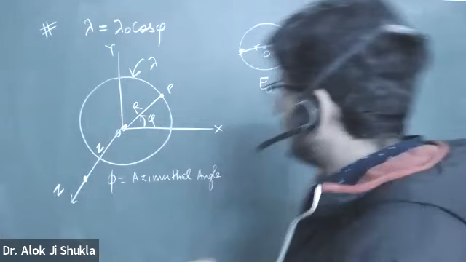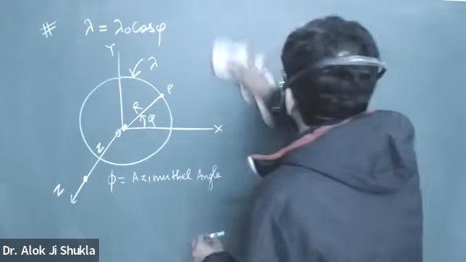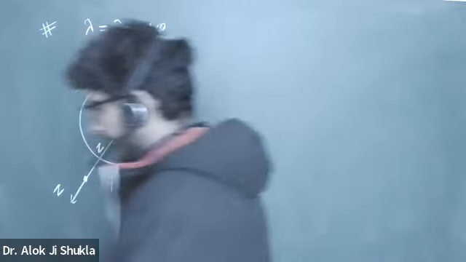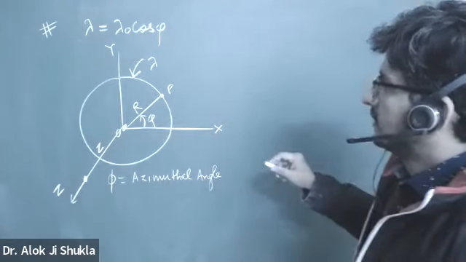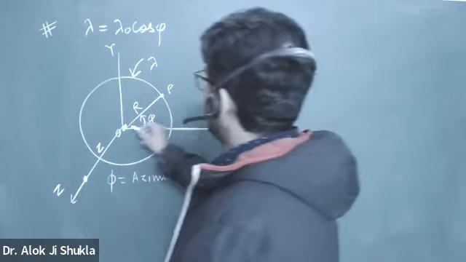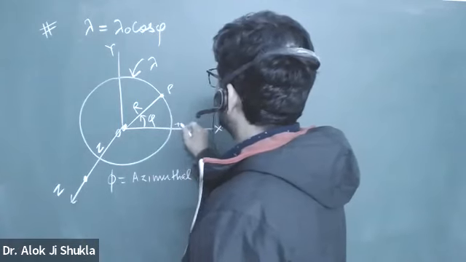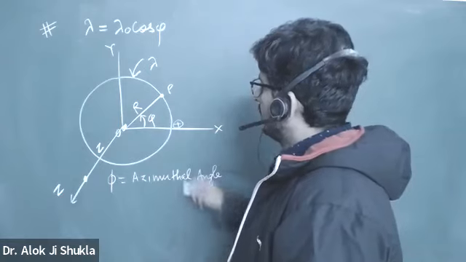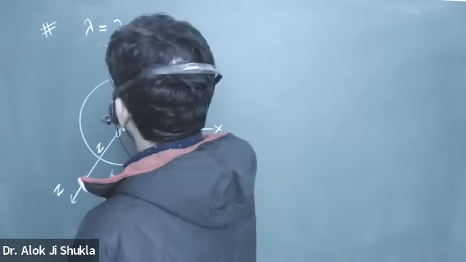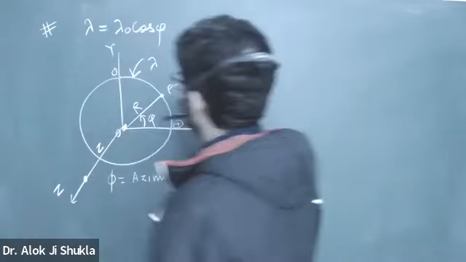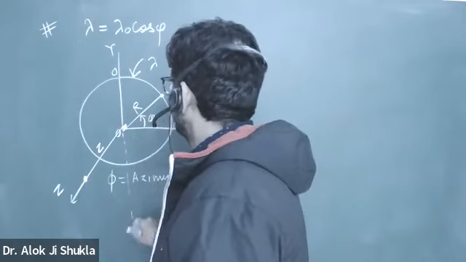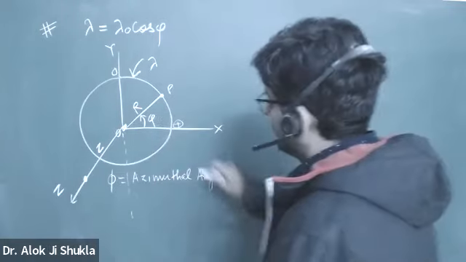यहाँ पे जो केस है वो अलग है. What is the case here? Here you have cos phi. So lambda not cos phi meaning theta is equal to 0 पे it will be positive. Here it will become 0. Cos 90 is 0. And just make this y axis like this.